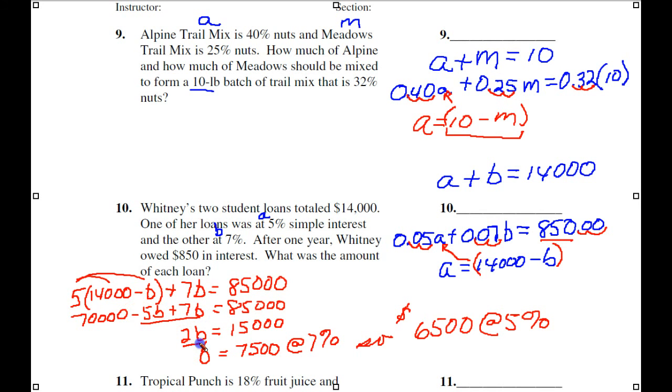I get 2B. I'm subtracting 70,000, or transposing, and I end up with 15,000. Divide both sides by 2. I get B equals 7,500. And remember, B is at the 7%. So I subtract that from 14,000, and I get 6,500 at 5%.